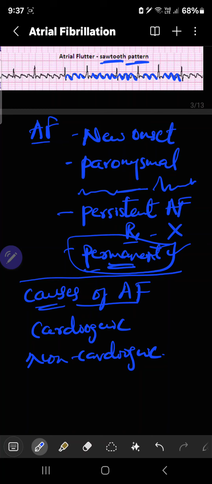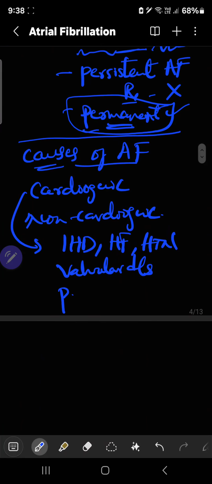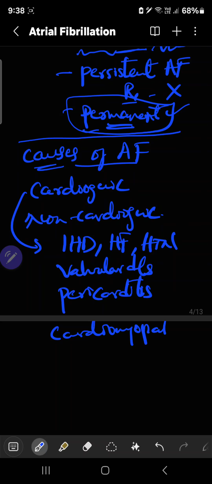Cardiogenic causes are ischemic heart disease, heart failure, hypertension, or any valvular diseases. Sometimes patients with pericarditis will also present with AF, and cardiomyopathies. So these are some of the cardiogenic causes.